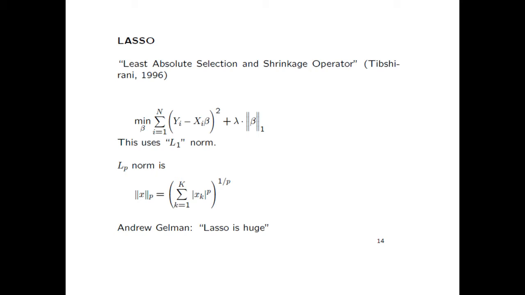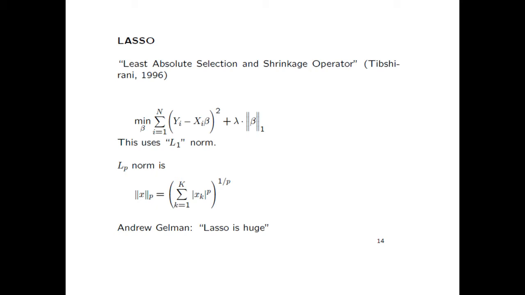The idea is that in the end, we select some of the covariates that are important for predicting y and set the coefficients for the others equal to zero. That's a very important concept, and it's often not really clear whether sparsity is plausible.